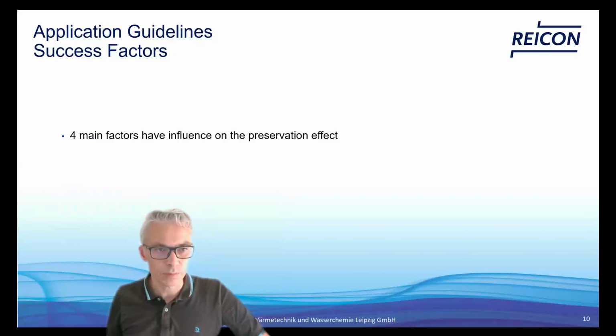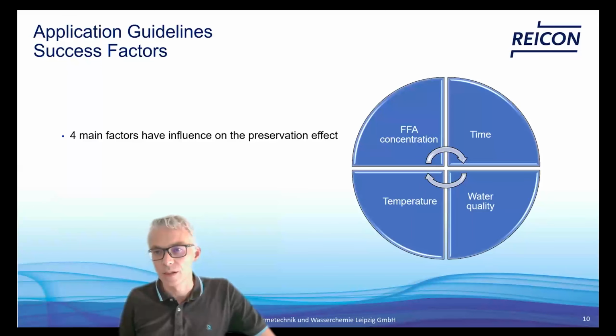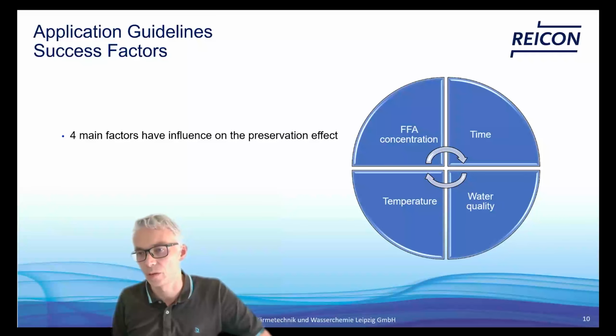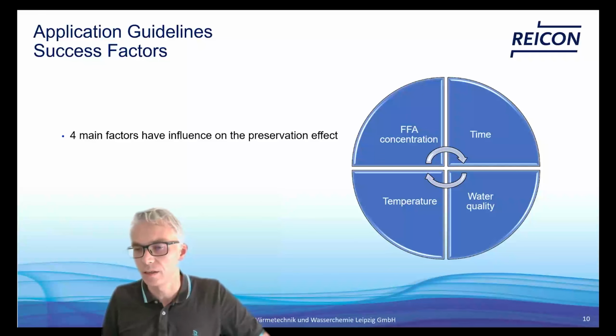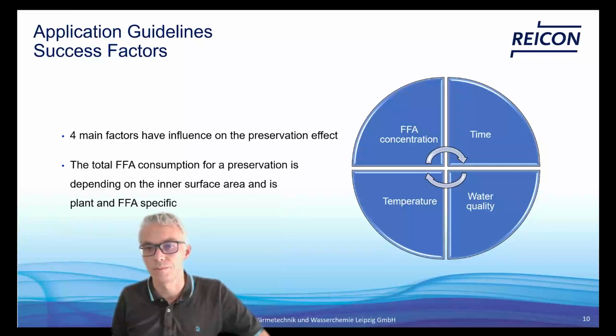activities. In general, there are four factors which have a major influence on the effectiveness of the preservation. This is the concentration of the film-forming amine, the time you have, the water quality, and the temperature. As temperature and water quality are given by the system, you can only affect the concentration and the time.